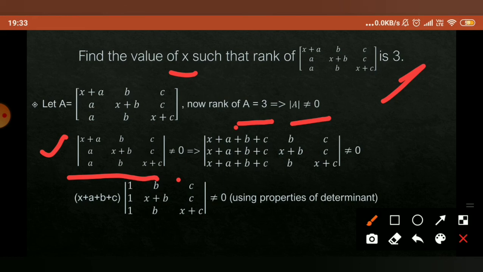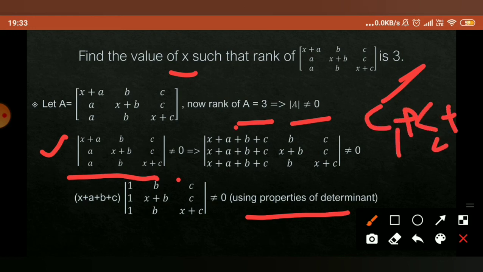To avoid this, we are using properties of determinants that we have done in lower classes. What is done here is that we have added column 1, column 2 and column 3 in place of column 1.